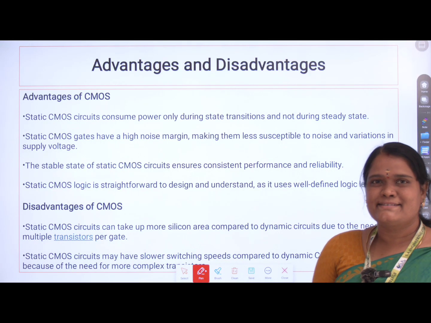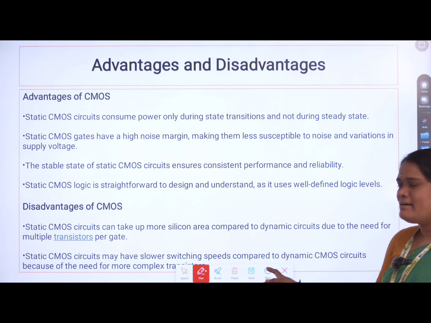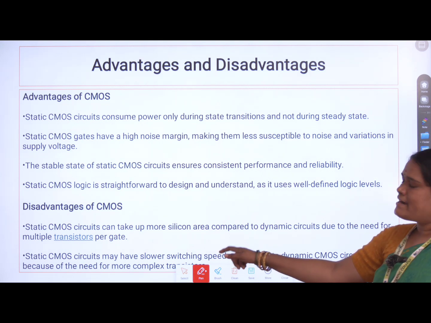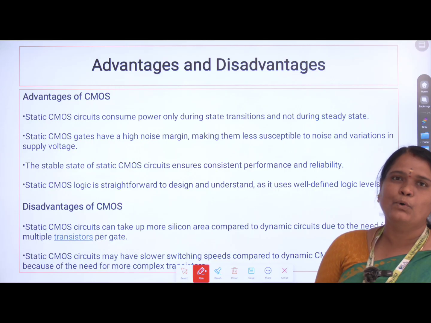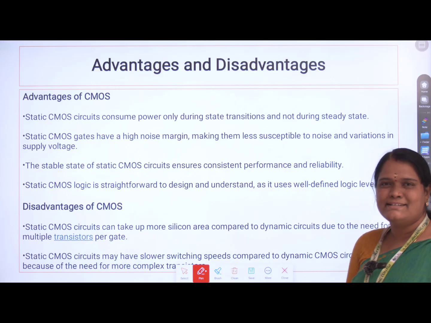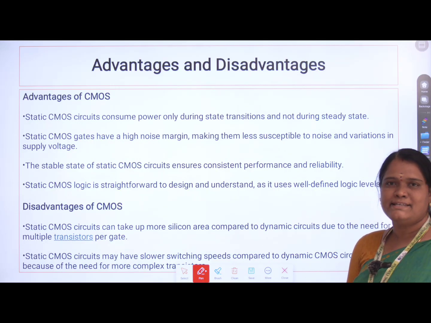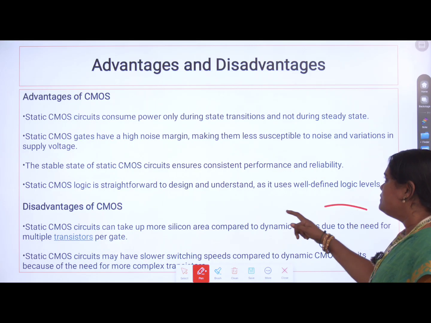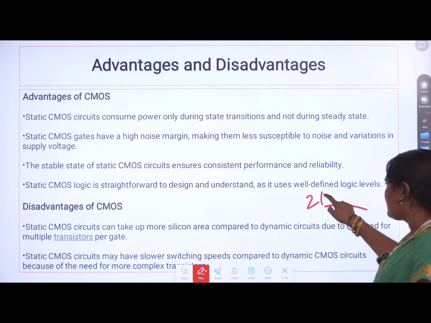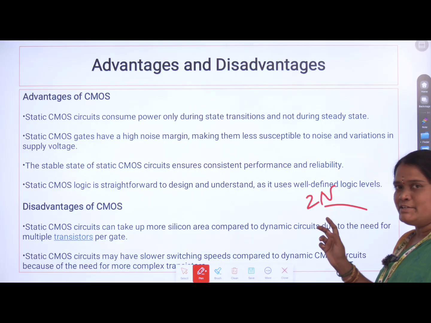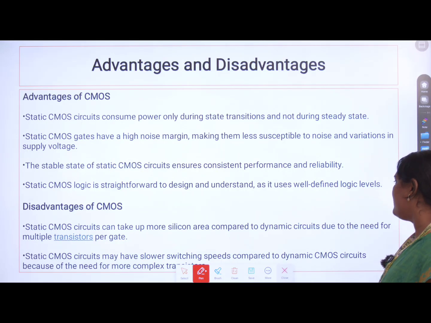Also, it makes the chip area large in static CMOS. And second, it uses a larger number of transistors, so the design speed will be degraded a little bit. However, it reduces static power, so we can use it very effectively.